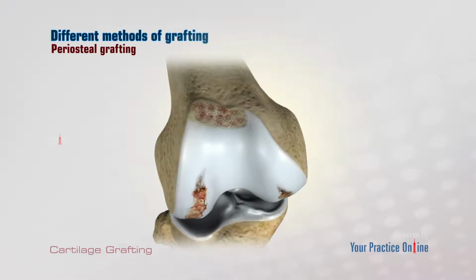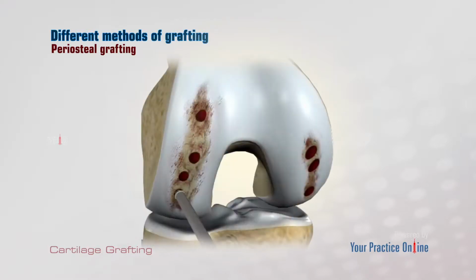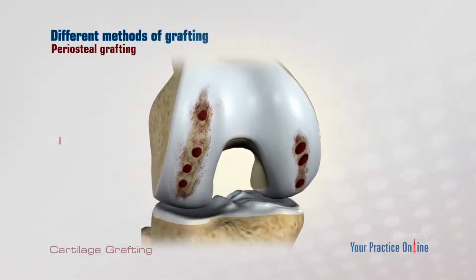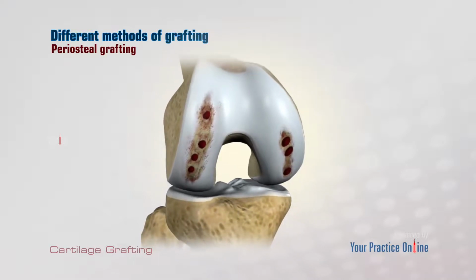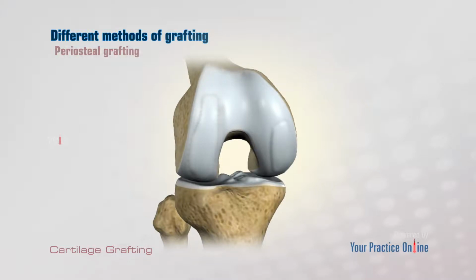In this procedure, the damaged cartilage is removed and multiple holes are created in the bone to stimulate bleeding. The periosteal grafts are then attached to the subchondral bone with the help of sutures and glue. The periosteum cells provide growth factors to produce cartilage in the damaged area.